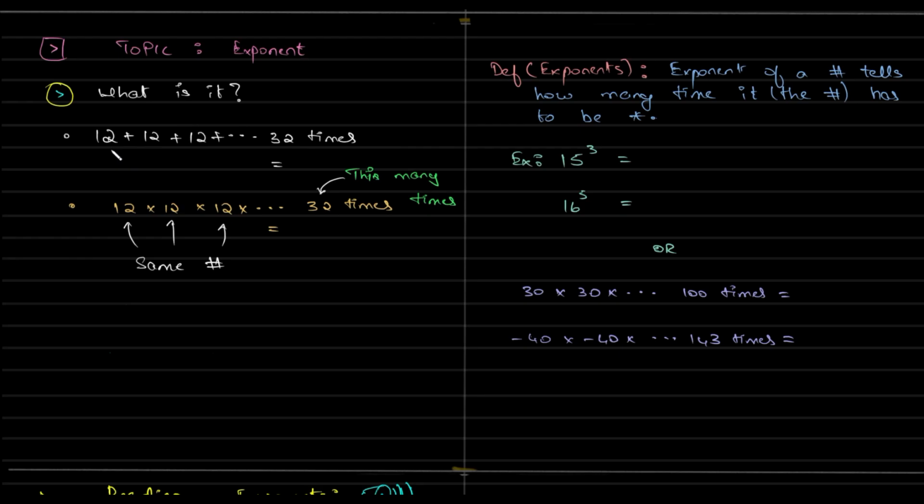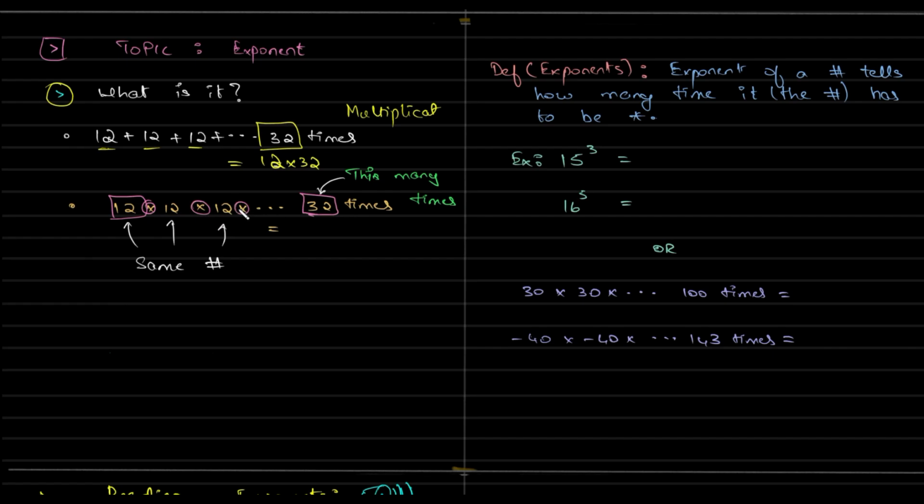See, the idea of adding same number repeatedly is nothing but what? Yes, multiplication. So if I'm adding 12 32 times, it's equal to 12 into 32. Right? But what if I want to multiply same number a particular set of times? See, I'm multiplying, not adding, multiplying.